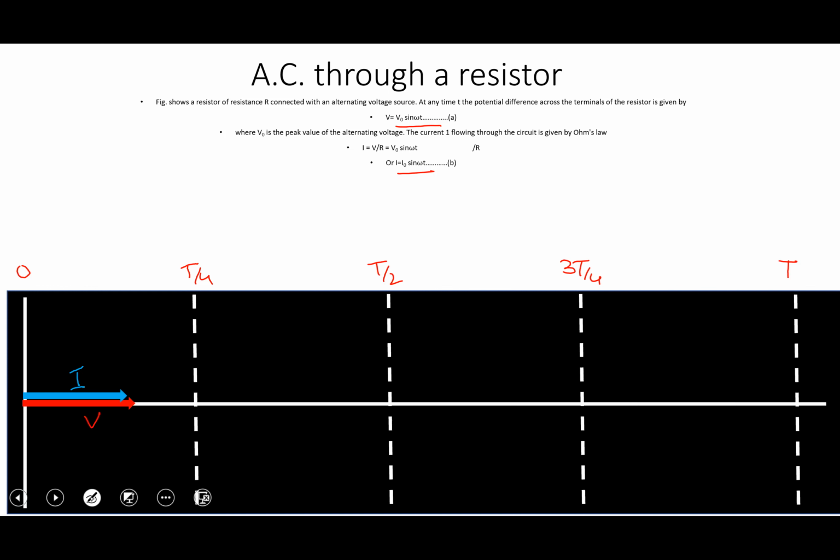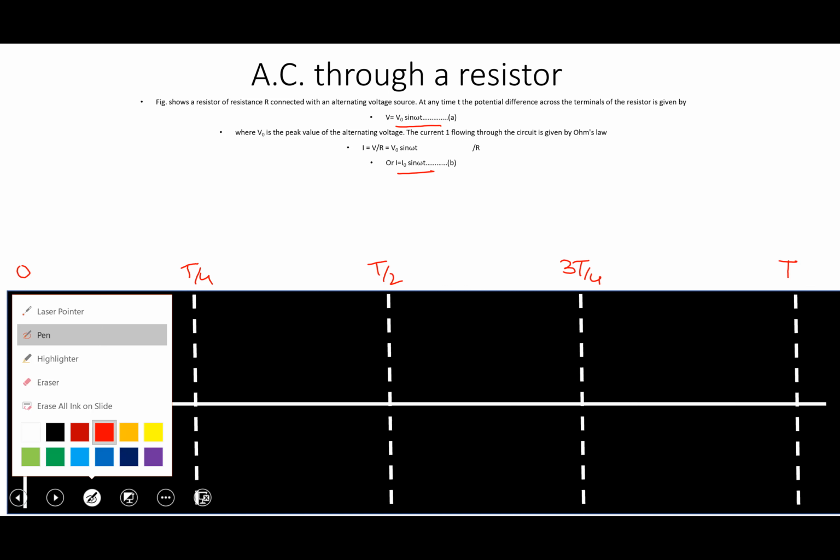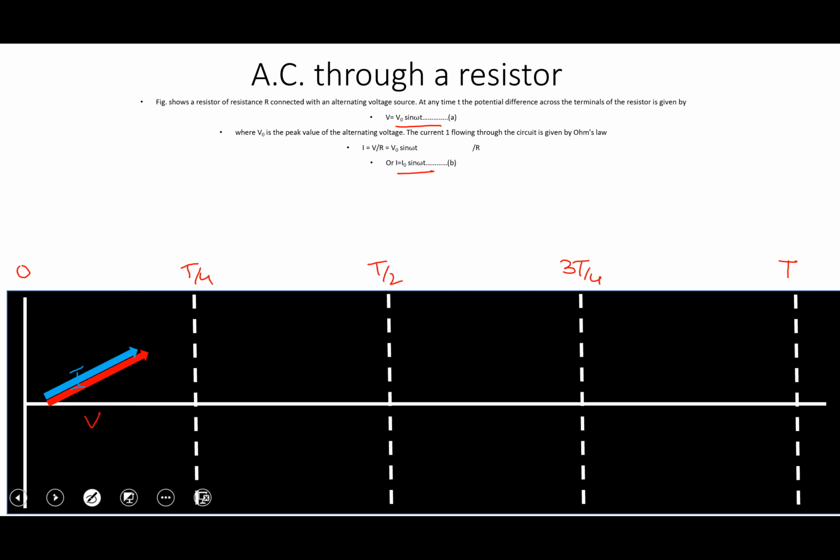Now as it moves in the anti-clockwise direction like this, we can say very simply that the voltage has increased at time T by 4, and the current has also increased by time T by 4.